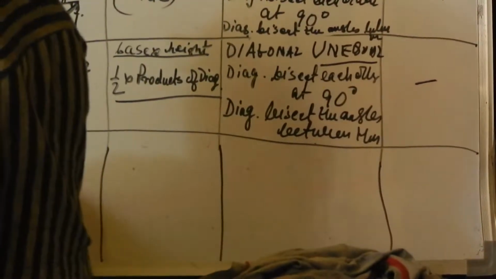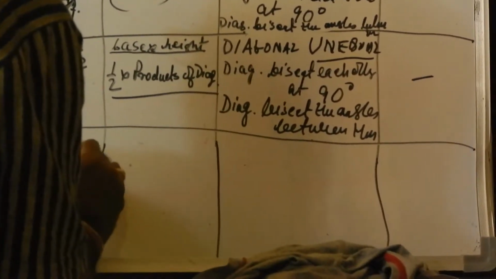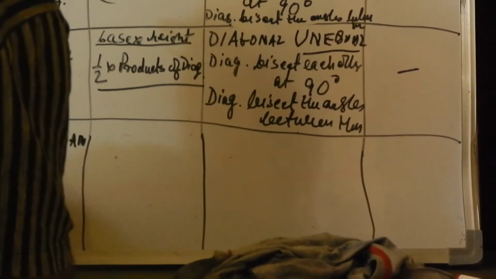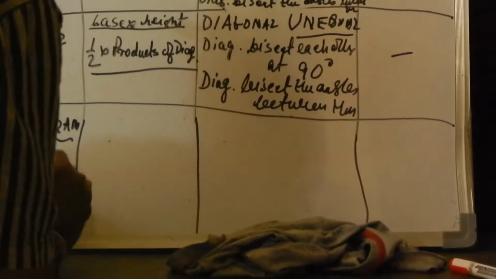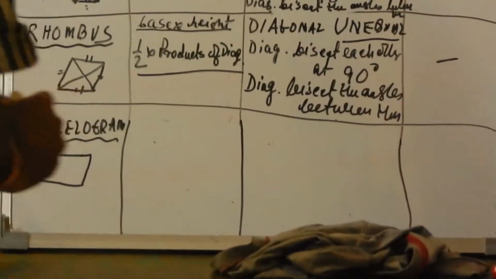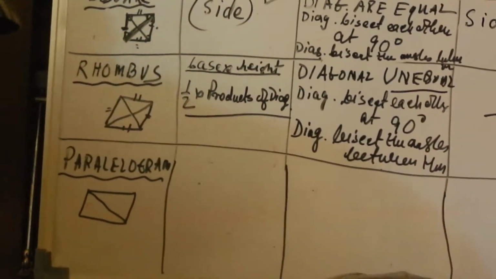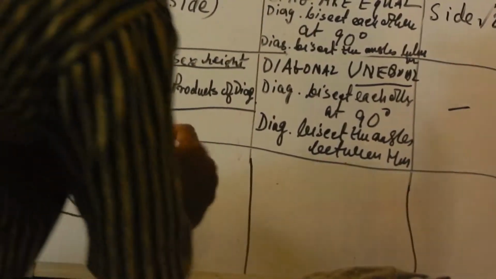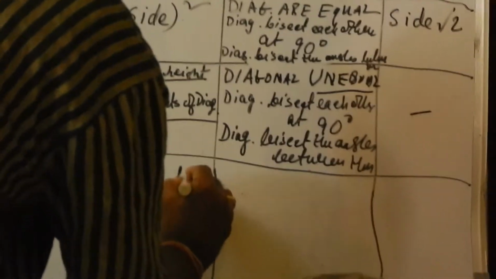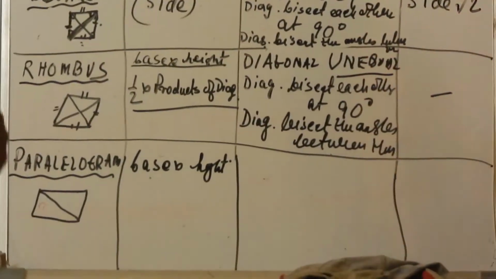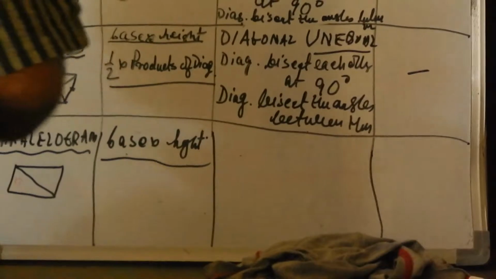So here, for a normal parallelogram, like this, the figure, and here also the area formula is base into height. Base into height is the area formula for parallelograms.